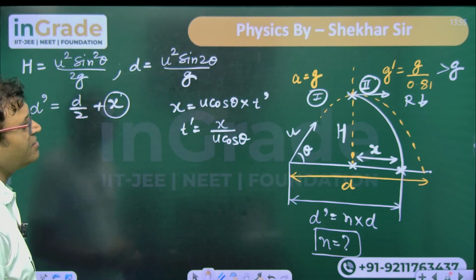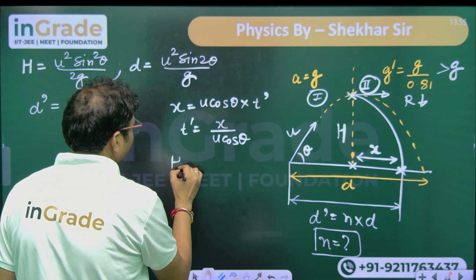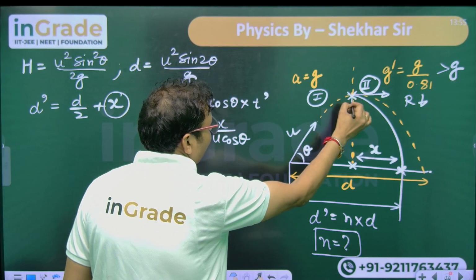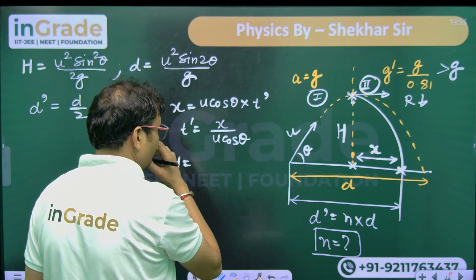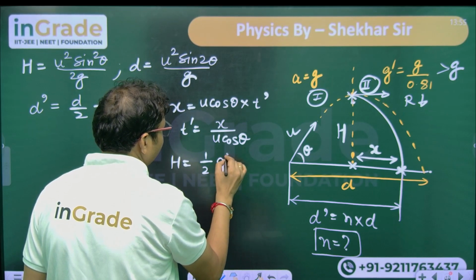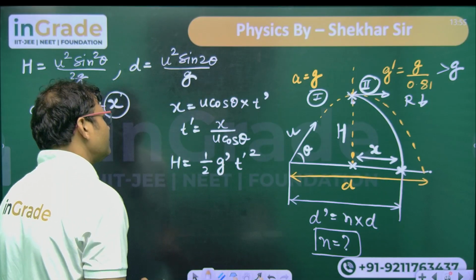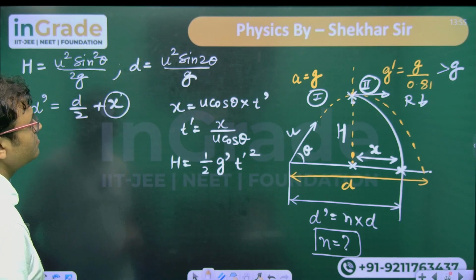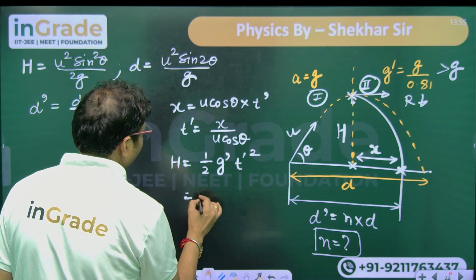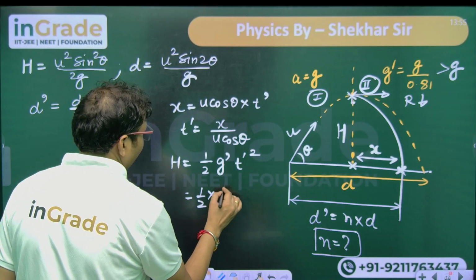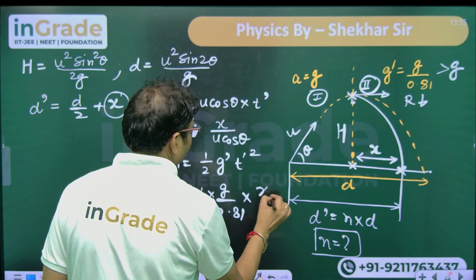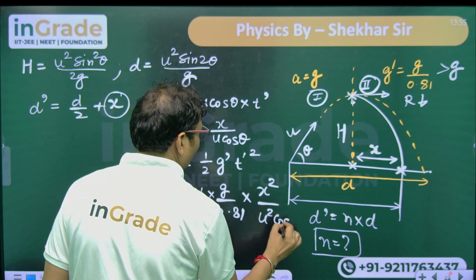And h is equal to half g dash into t dash square, as there is no velocity in y direction, that is half g upon 0.81 into x square upon u square cos square theta.